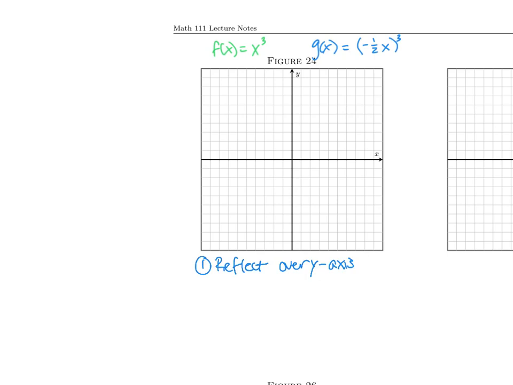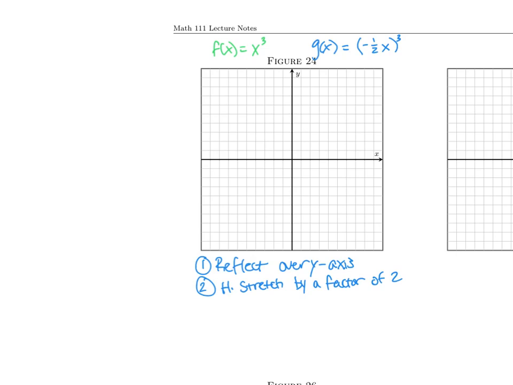And then the second thing that happens is that there's going to be a horizontal, or h, stretch by a factor of 2. Because remember, we do 1 over that b value, and 1 over 1/2 is going to give us 2. So in this case, we're going to have a horizontal stretch. So let's make a table.